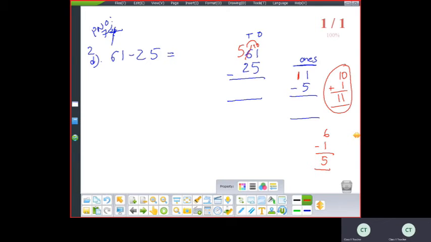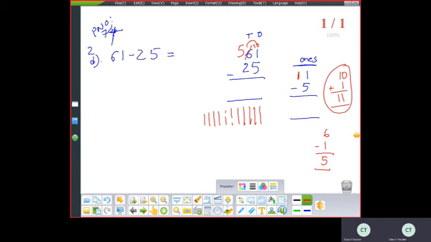Now subtraction of 11 and 5. 11 minus 5. From 11 we subtract 5. Draw 11 lines: 1, 2, 3, 4, 5, 6, 7, 8, 9, 10, 11.